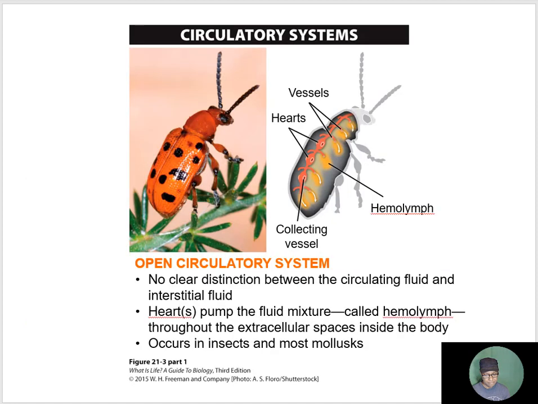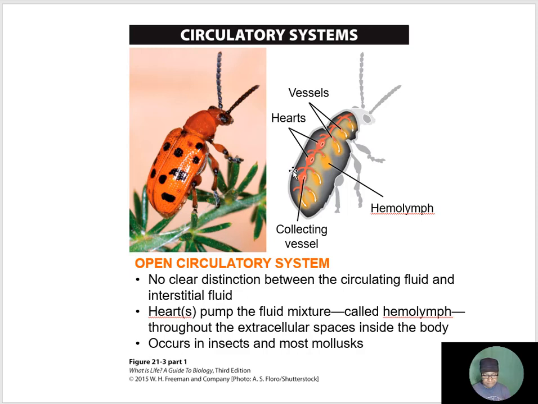Okay. But when we look at another type of circulatory system, these are what's called open circulatory systems, and we'll see this in most insects. So there's really no clear distinction between the circulating fluid and the interstitial fluid, the fluid that's between the different cells. And so the heart, or hearts plural, a lot of insects have multiple hearts, as you can see here, not just one.